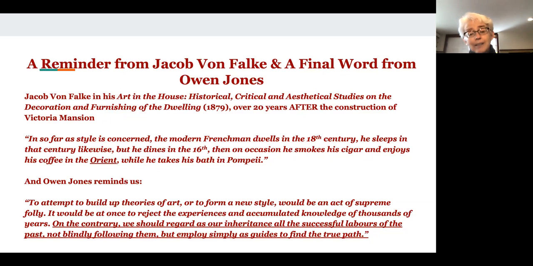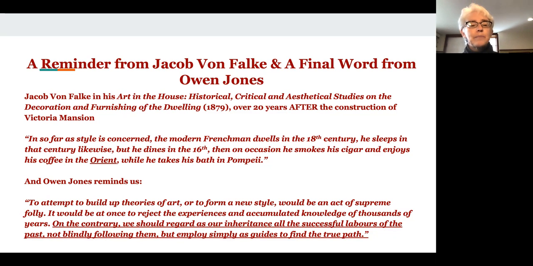So Jacob von Falk, whom we've seen quite a bit before in his book, Art in the House, Historical, Critical and Aesthetical Studies on the Decoration and Furnishing of the Dwelling, published in 1874, so quite a bit after the construction of Victoria Mansion. Again, that being a nod to Ruggles Morse's being really on the cutting edge of domestic art, craft, and design in his house.